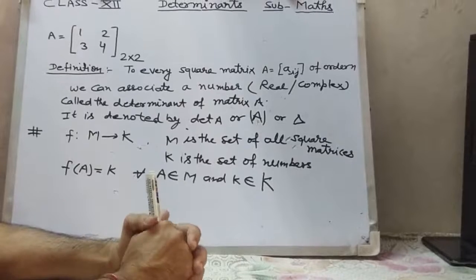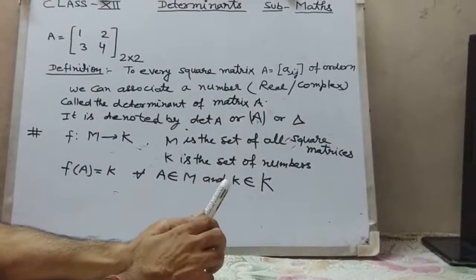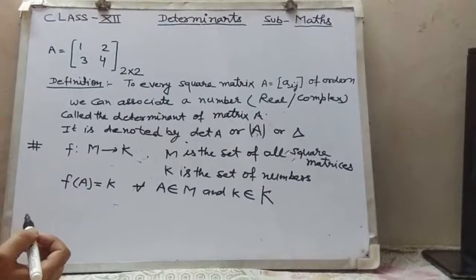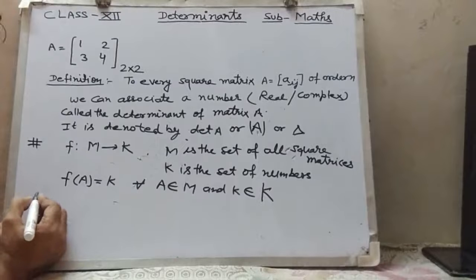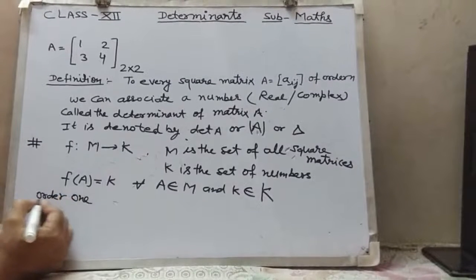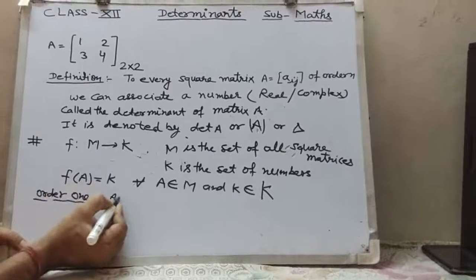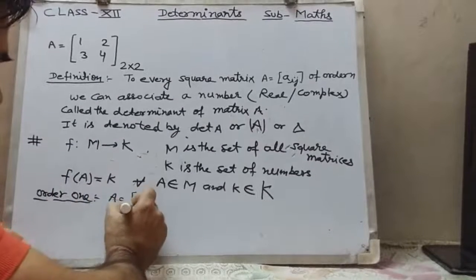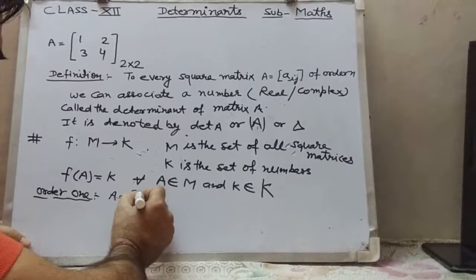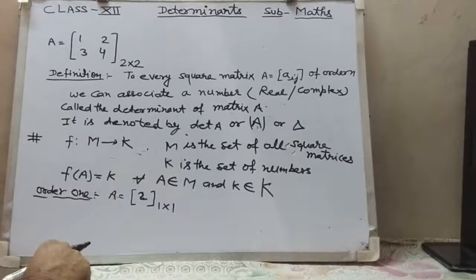As we see how we find the determinant of any square matrix. So we are discussing first determinant of a square matrix of order 1. Suppose A is any square matrix, its element is 2, its order is 1 by 1.